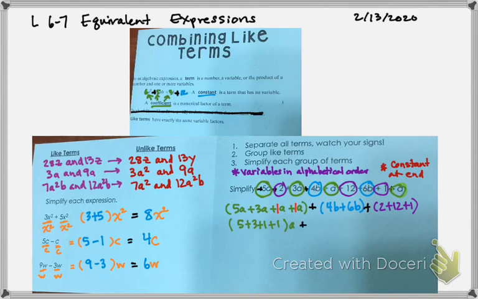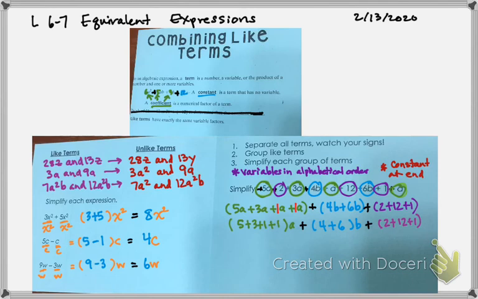So this is kind of what the brain step is. What is my brain actually doing? Here, second grouping, I'm going to factor out the variable b, and that's going to leave me a 4 plus a 6. Now, for the last group, there's nothing that I can factor out because there's no variable, so it just stays the same, right? So 2 plus 12 plus 1.